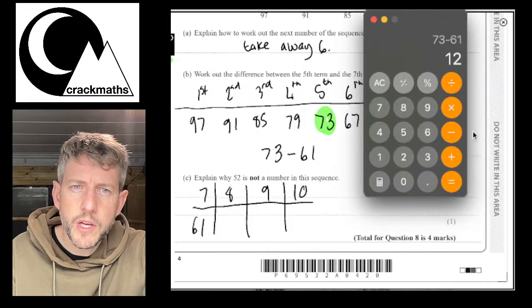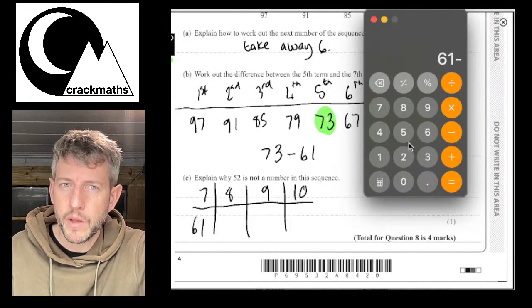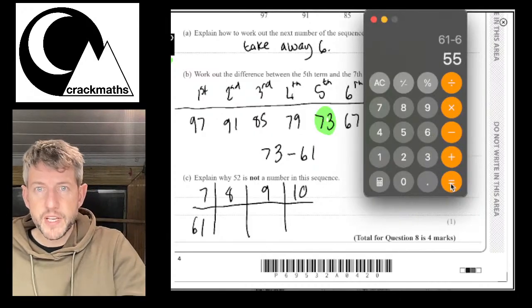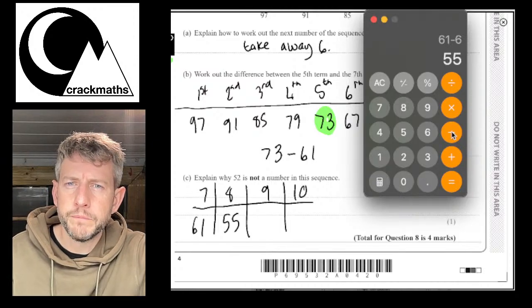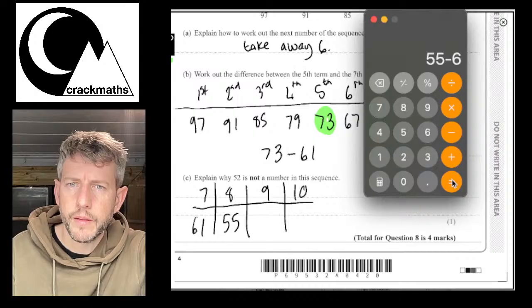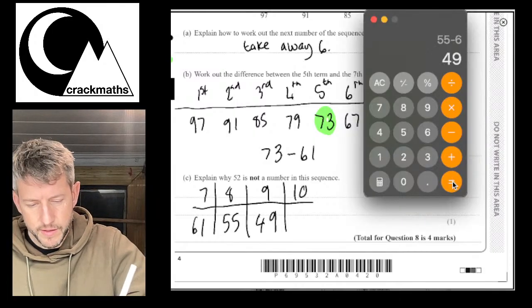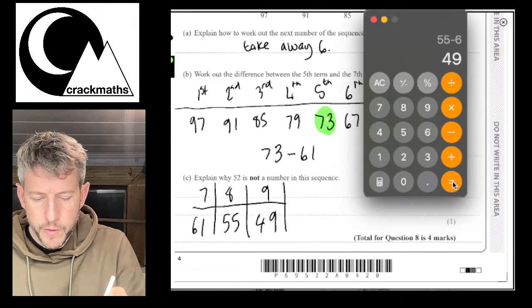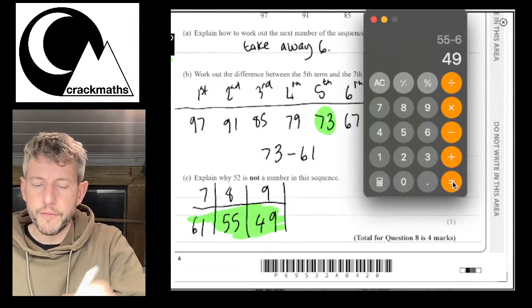The 8th term is going to be 61 take away 6. So the 8th term will be 55. And the 9th term will be 49. So we have missed 52. So 52 should have been between the 8th and the 9th term.